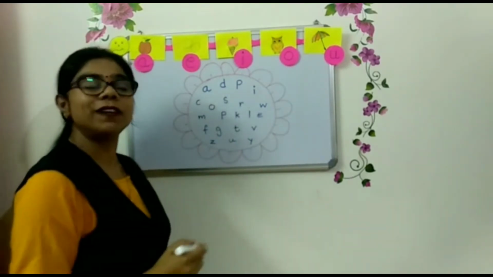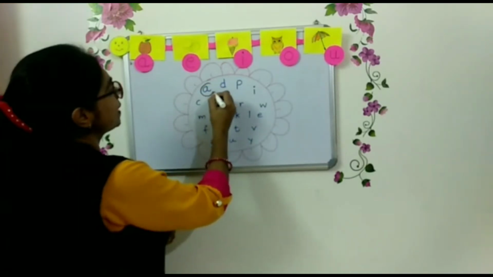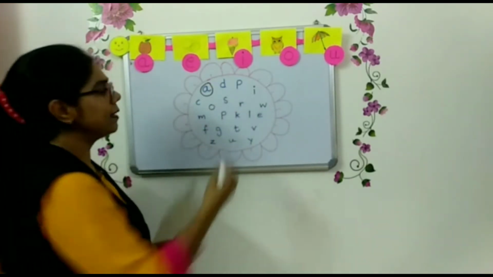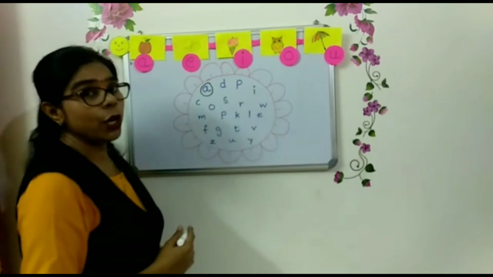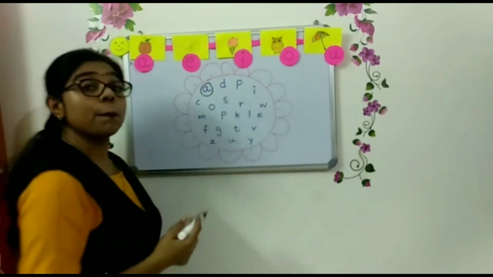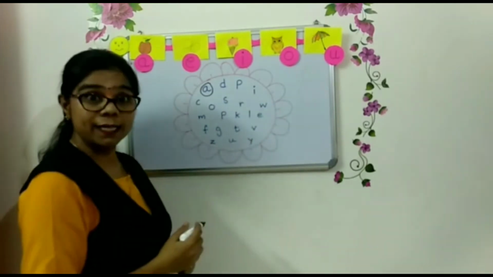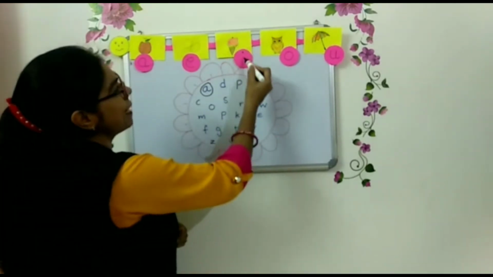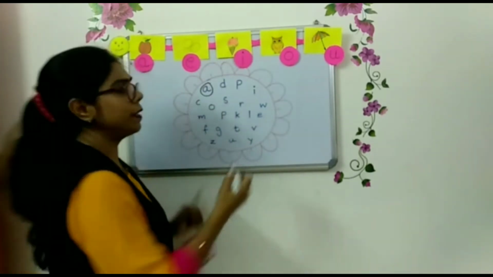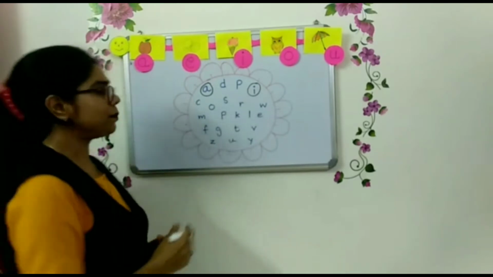Yes, A is a vowel. So we have to make a circle on A. Is D a vowel? No. D is a consonant. Is P a vowel? P is also a consonant. Is I a vowel? Yes. I for an ice cream. So again we have to make a circle on I.